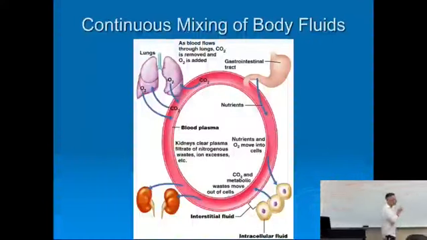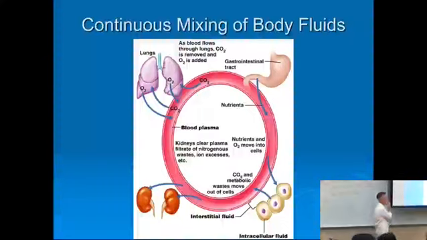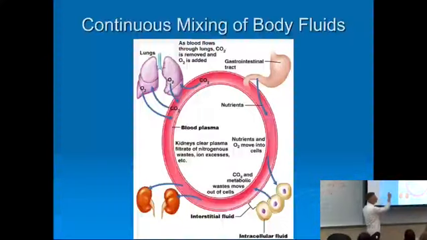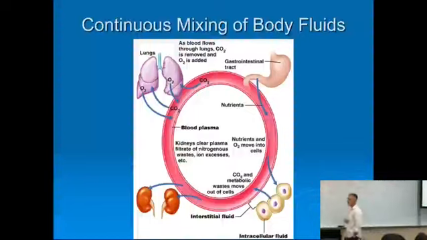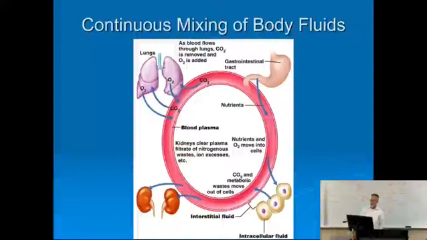Okay, so we've set the stage for our solutions in the body, which is made up mostly of water, plus these different solutes inside of it, including a lot of electrolytes. And so there's going to be this regular exchange of both water and solutes between these different organs.